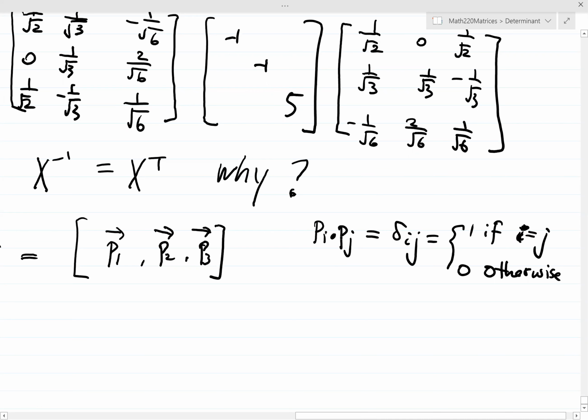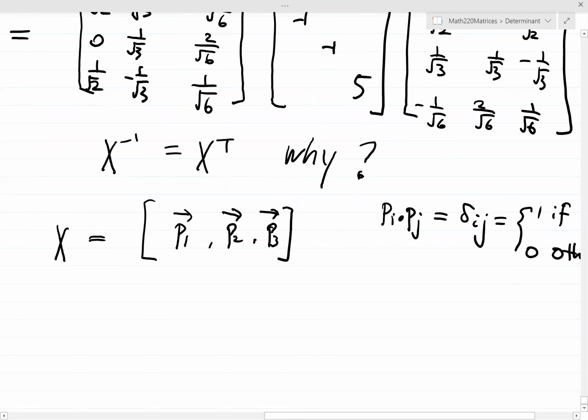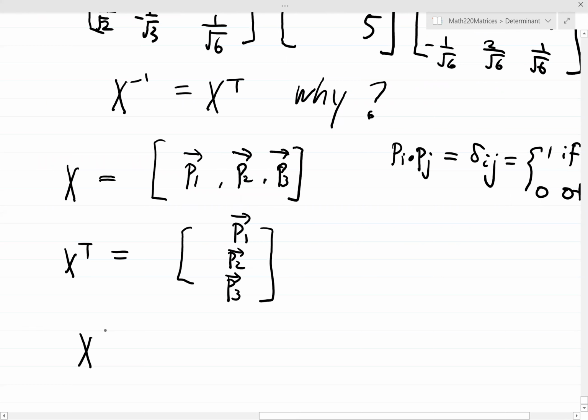So what is X transpose? If we write X as column vectors, X transpose turns the column vectors into row vectors p1, p2, p3. Let's use X transpose times X because that's easier.